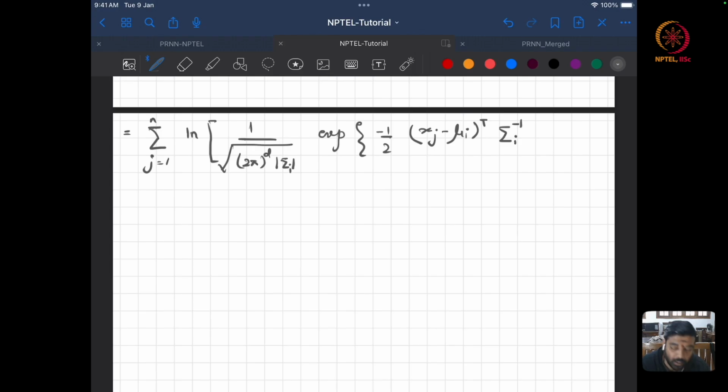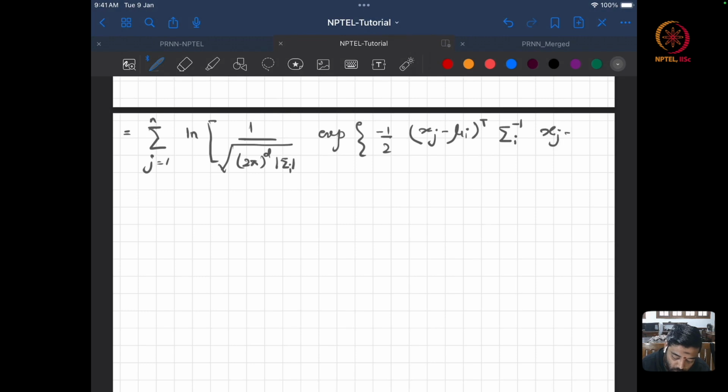See, you can remove this. If this I is too much overloading of notation for you, you can remove this. This is for any given class I, because we are assuming that the class conditional is a Gaussian. So I am representing that it is for that specific class. Okay, I can easily remove that also.